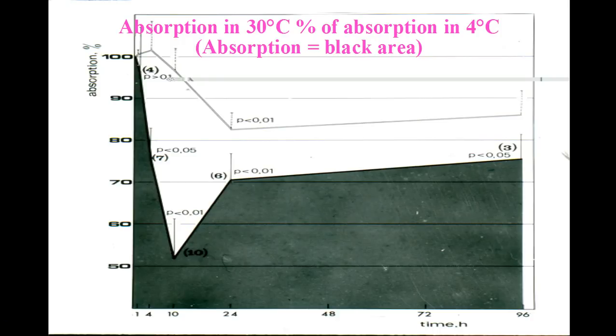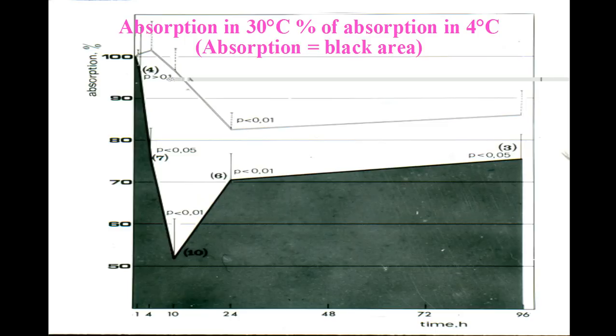I measured intestinal xylose absorption in 28 pairs of female rats, half kept at 6C, half at 30C. On the ordinate, absorption in a warm environment in % of absorption in a cold environment. Xylose was measured by subtracting the amount remaining in the intestine from the administered amount.